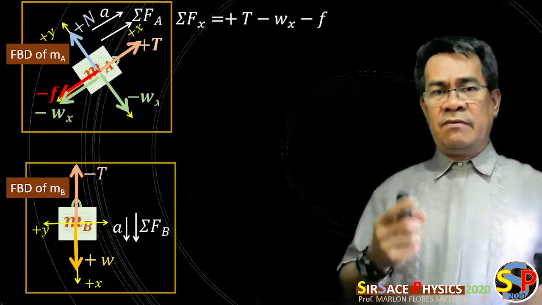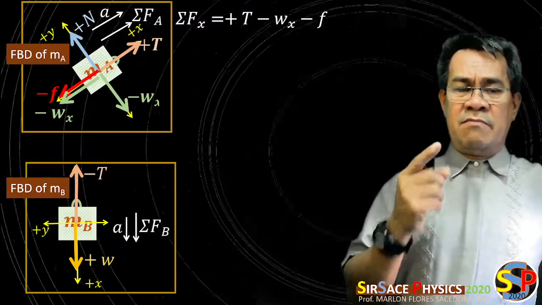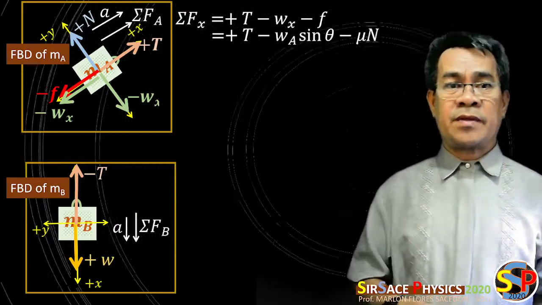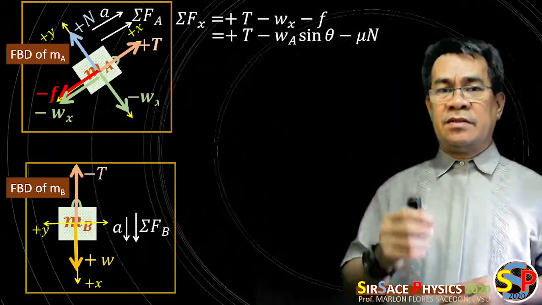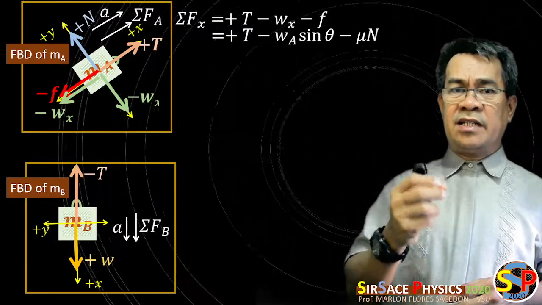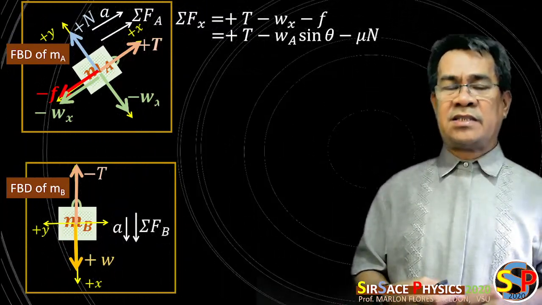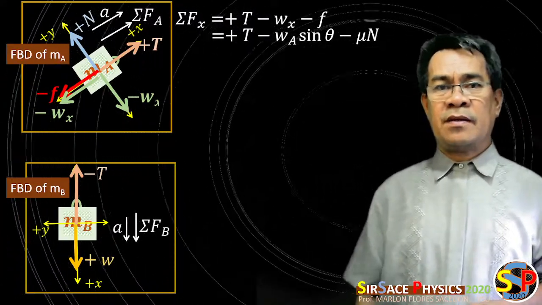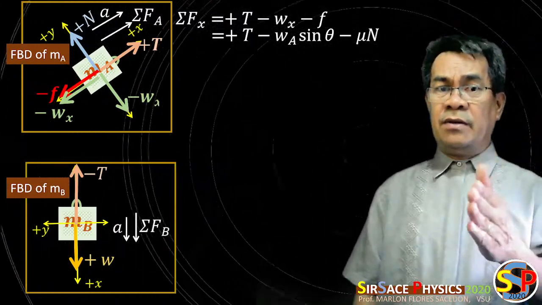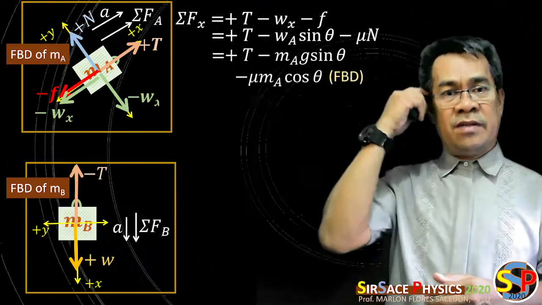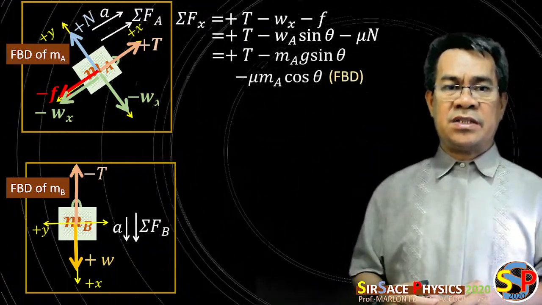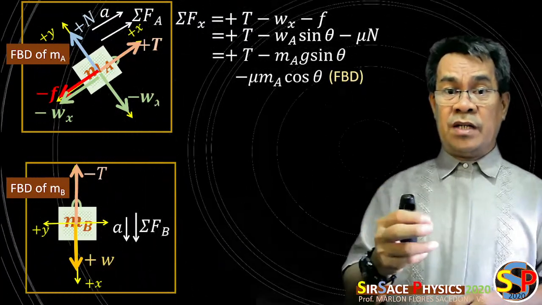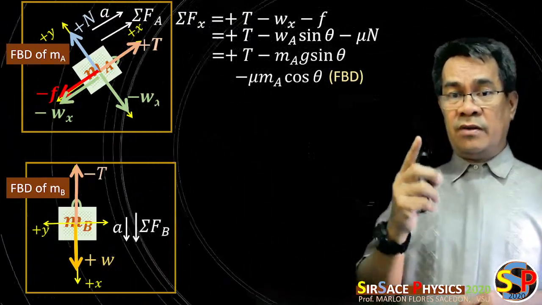And remember that Wx is mass times gravity times sine theta, while friction is mu times N. But W is mg. Take note of that. So it should be T minus mag sine theta minus mu times the normal, and take note normal is equal to Wy.